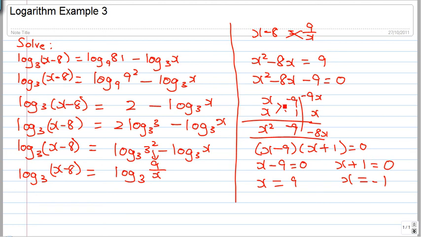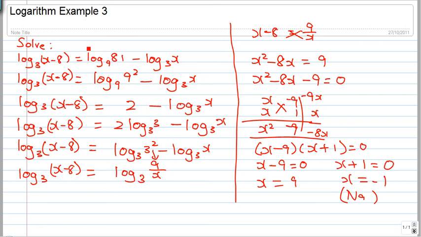So you can see this is how we do it, but you cannot log a negative number, so you actually reject this. So remember to always reject, not always, but when you try to log a negative number, for instance here, because if you plug in negative 1, you get log base 3 of negative 9.